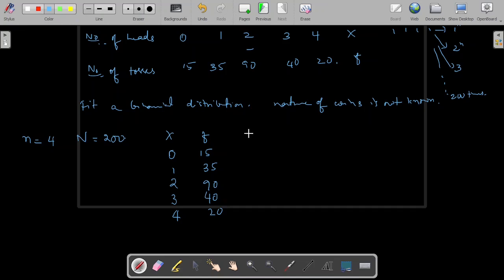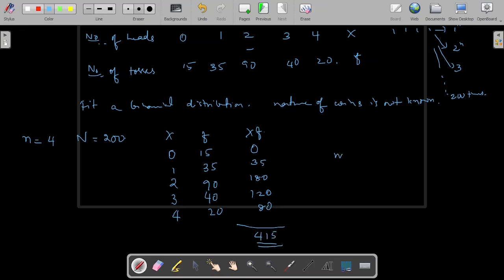Then we need to find x into f. This is 0, 35, 180, 120 and 80. Then we need the sum of all these, which comes out to be 415.